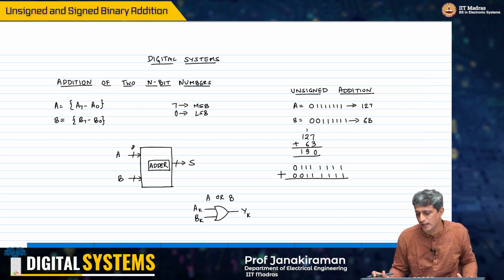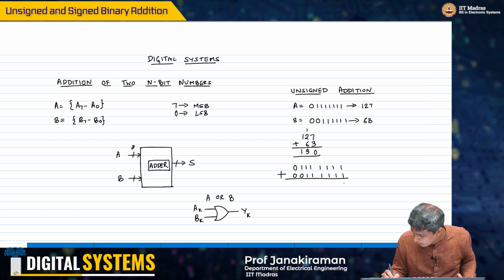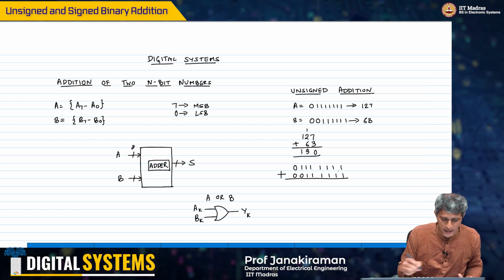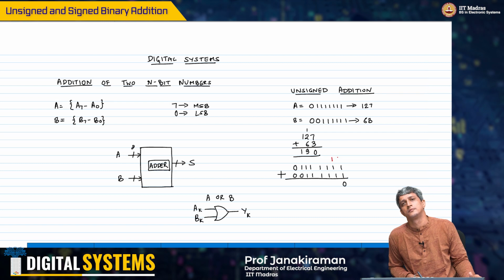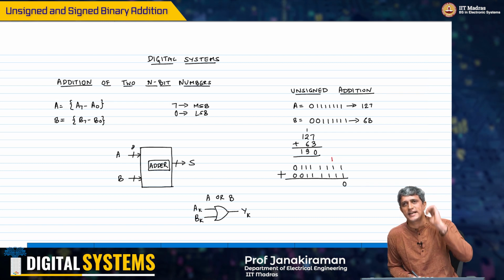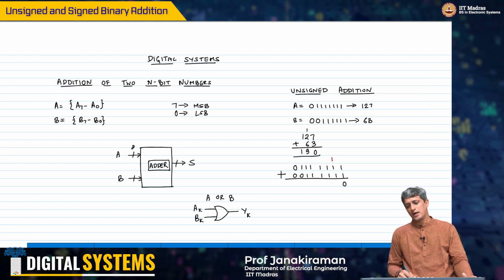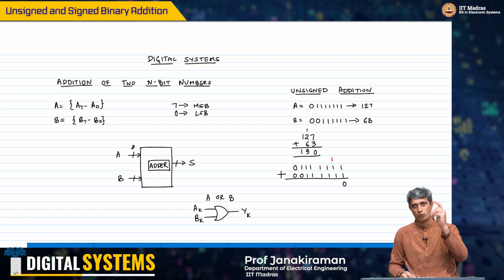You start from the LSB, A0, and you do 1 plus 1, it is 2, so it becomes 1, 0. So I am going to write 0 here, and the carry is going to go up to the next bit, that it has to be added with the next bit. Now I have 1 plus 1 plus 1, 3 ones.